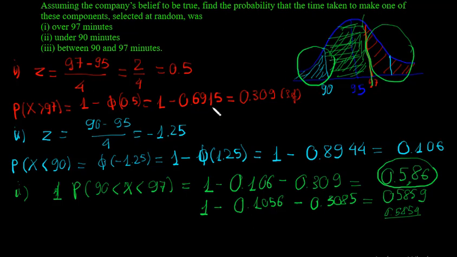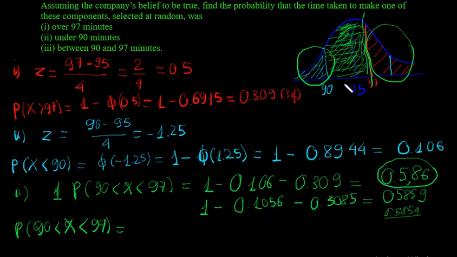The second way to find the probability of X between 90 and 97: we know this area is in between.